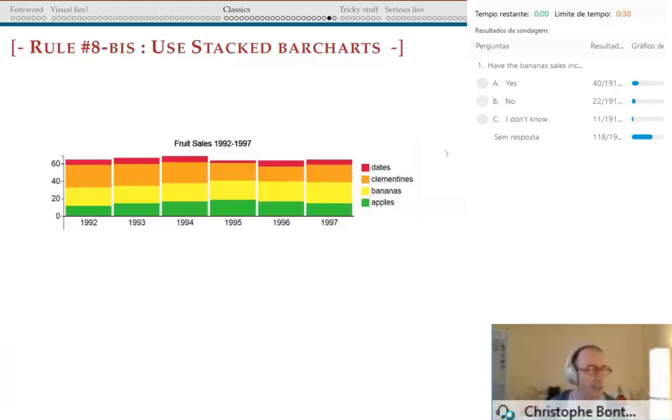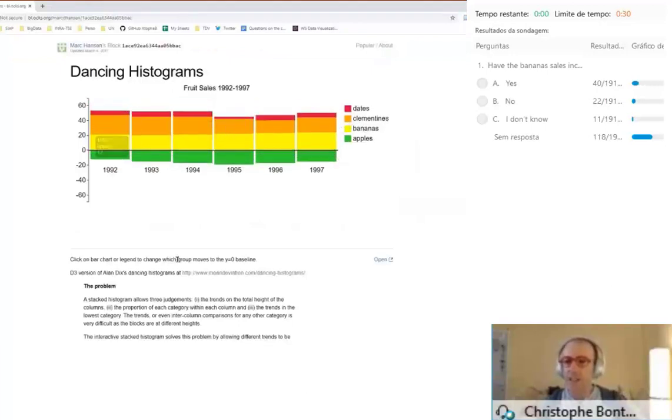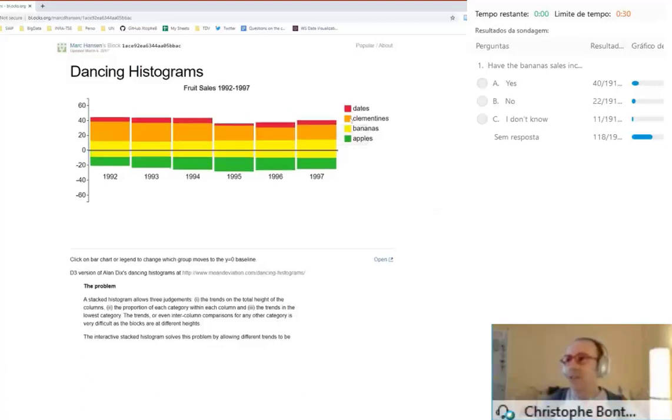To see that, let's look at a website where you have the same version of the graphic, but this time you can align horizontally. So you were good, congratulations. The banana sales have increased. And you see, aligning the bars helps you to have better information.